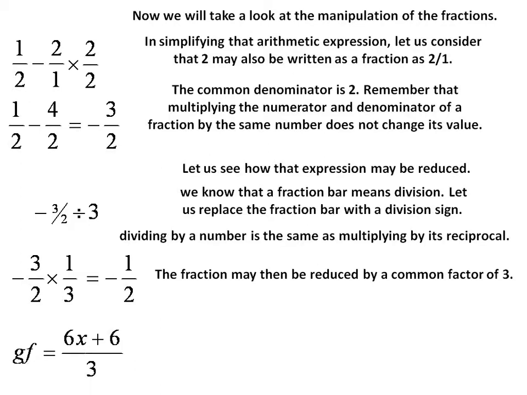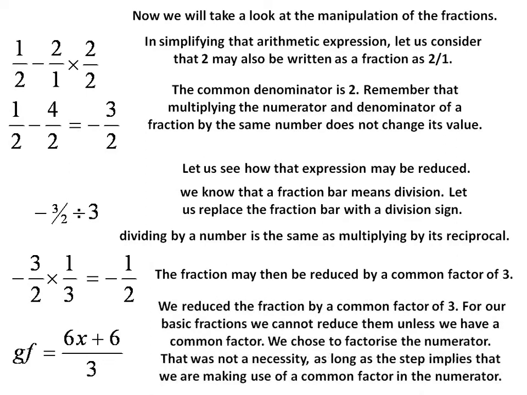g of f is equal to (6x plus 6) divided by 3. We reduce the fraction by a common factor of 3. For our basic fractions, we cannot reduce them unless we have a common factor. We choose to factorize the numerator. That was not a necessity, as long as the step implies that we are making use of a common factor in the numerator.